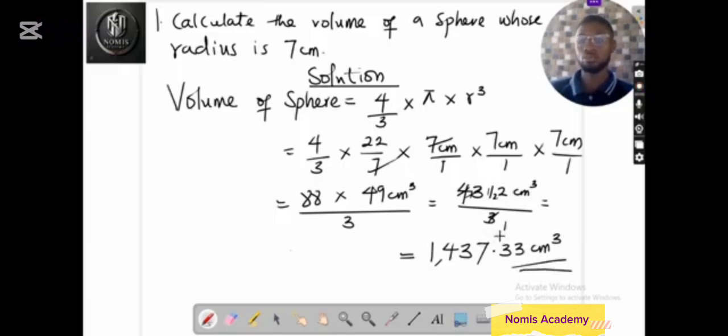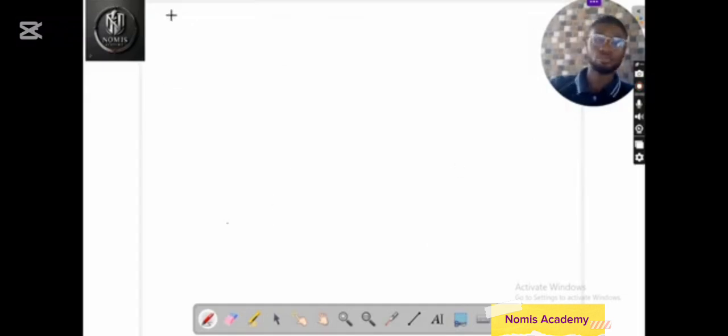So let's take example number 2. Example number 2 is a case where the radius is not given.